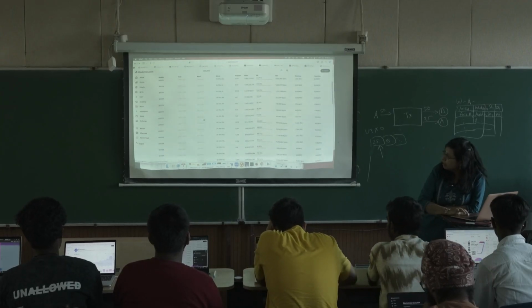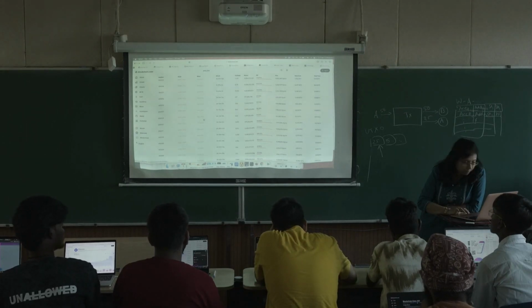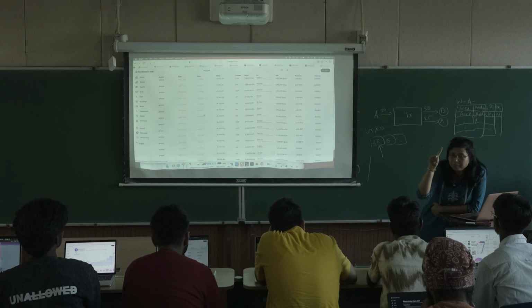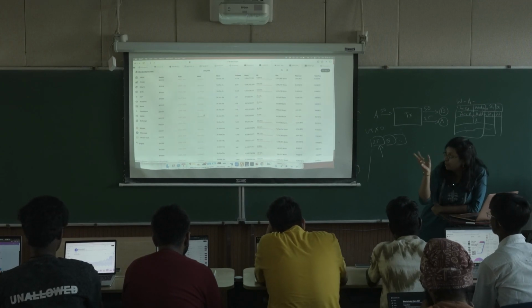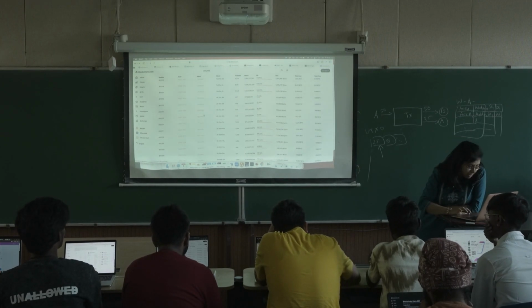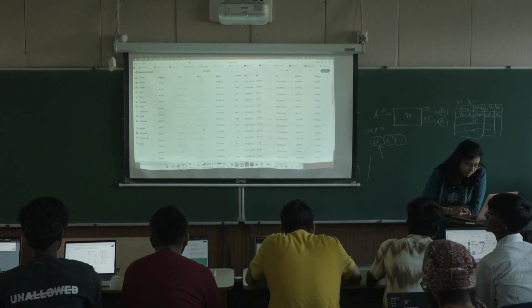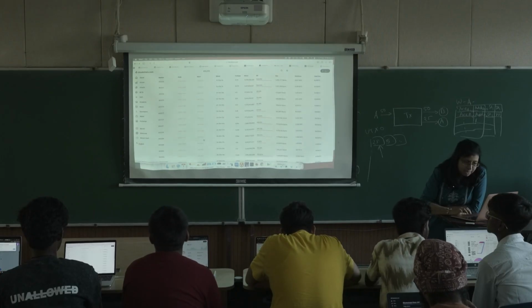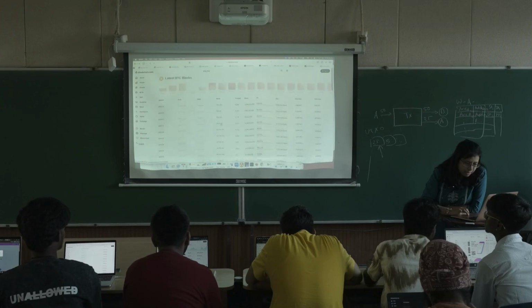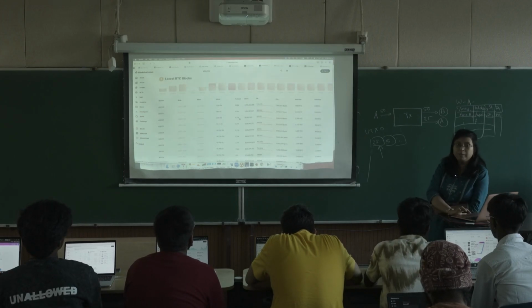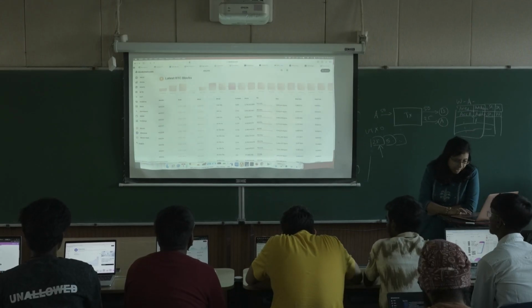Can you see from the back? Yeah, okay. In the morning we saw the mining pools. So for example, here some of them are unknown, but some of them belong to some mining pools. So you would see who has mined this block at what time, and then the number of transactions. Yesterday there was a question, how many transactions per block, and it could vary.